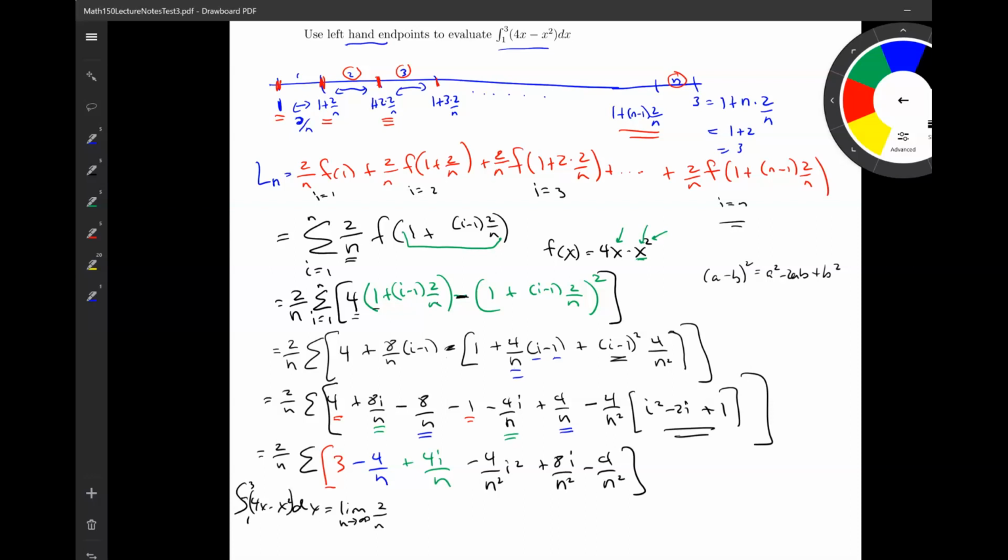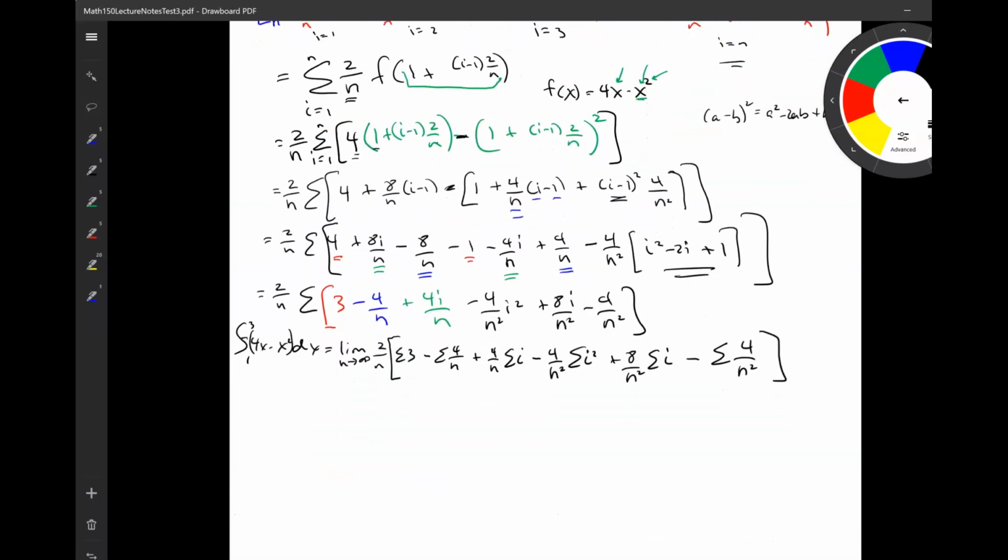And I'm going to take the time and split this all up. So I have the summation of 3 minus the summation of 4 over n plus, I'm going to pull the 4 over n outside and keep just the summation of i on this one, minus 4 over n squared summation of i squared plus 8 over n squared summation of i, and then minus 4 over n squared.